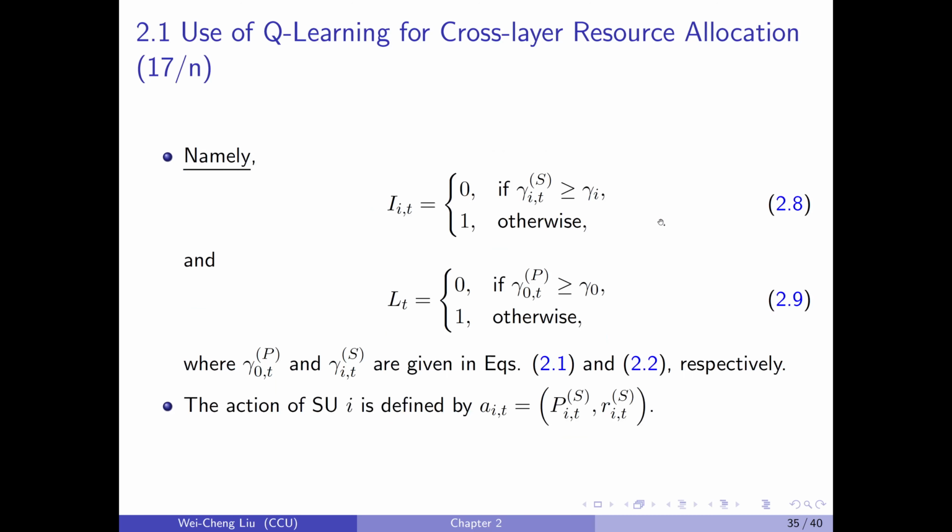If the sum of I_i^t and L^t is greater than 0, then at least one of them is equal to 1. So at least one of the SINR conditions is broken: at least one of the SINRs is smaller than the threshold gamma_i or gamma_0.